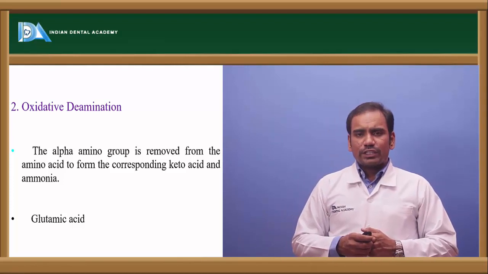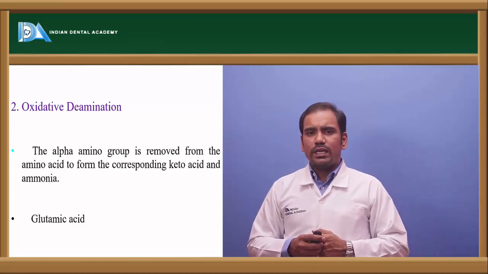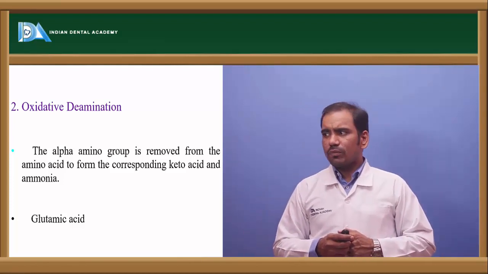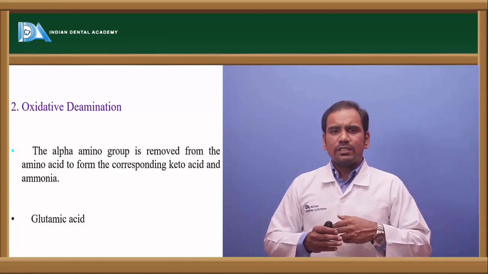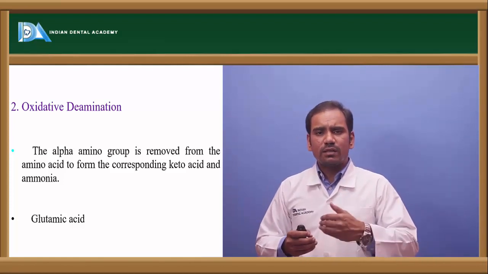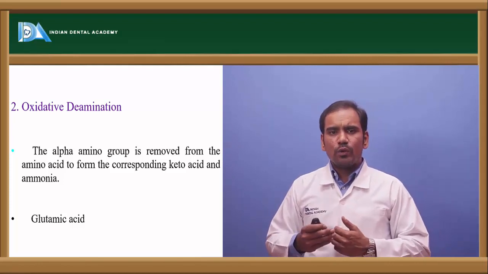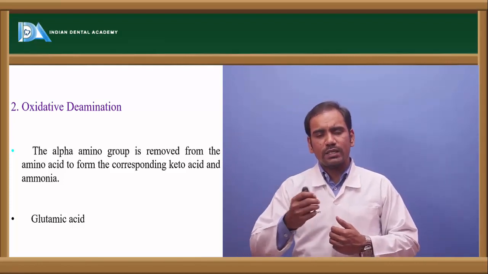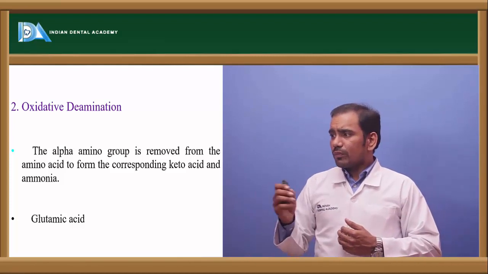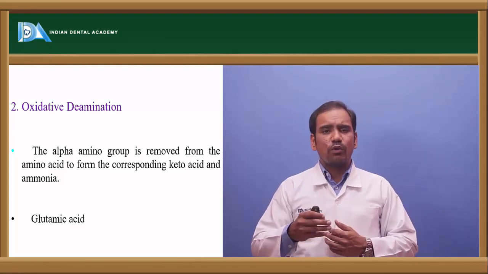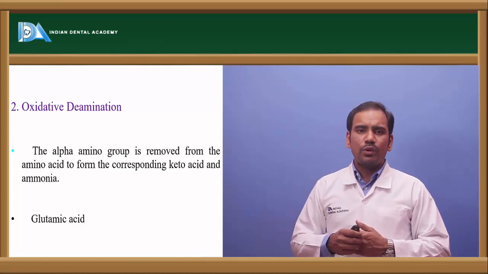And coming to another reaction due to the amino group, oxidative deamination. Deamination basically means removal of the amino group. Here you are removing the amino group from the amino acid, and that results in the formation of a corresponding keto acid, and ammonia is released.